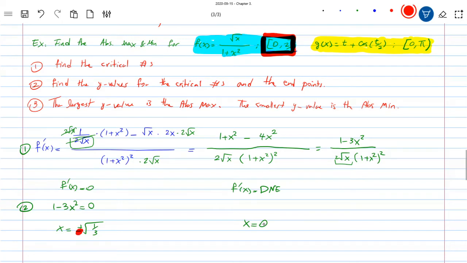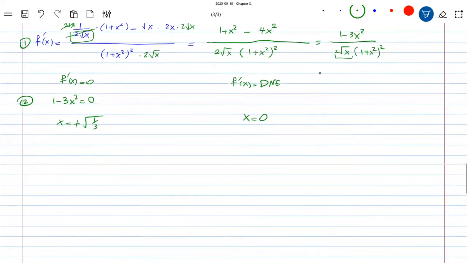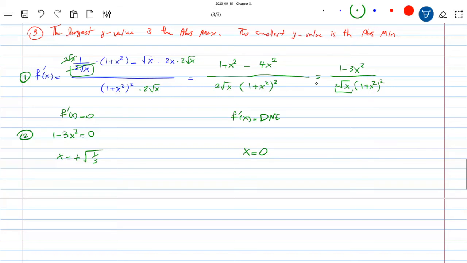The negative one is not in the given domain. So I cannot accept this negative sign. So I only focus on the solutions that belong to the domain. In this case, the plus is the only critical number I care about, as well as 0. So these are the critical numbers in that domain. Not all of them, but the ones in that domain.